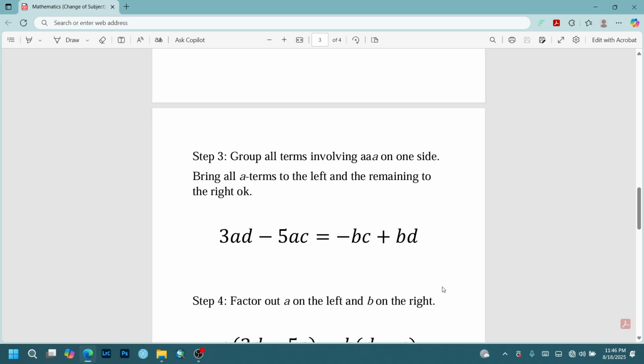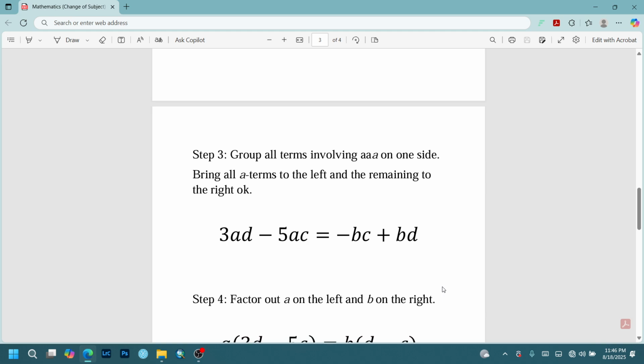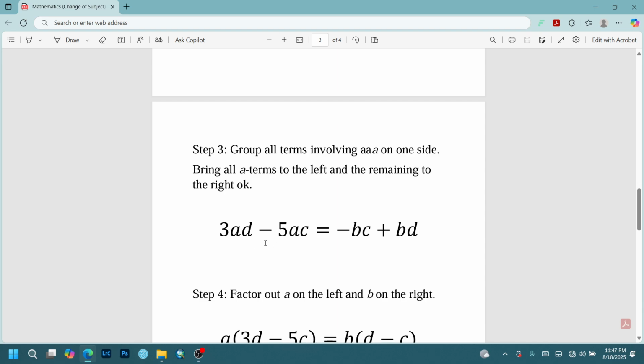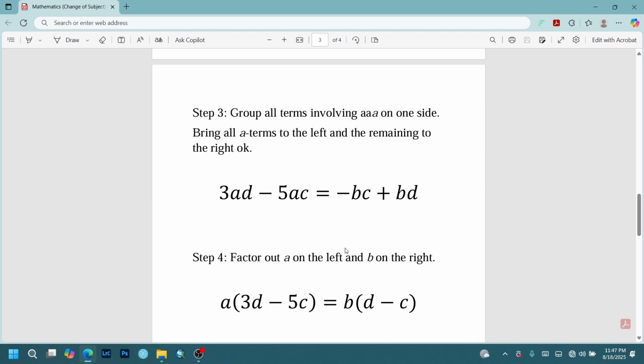So we factor out A on the left side and B on the right side. A and B are the common variables at both sides of the equation. When we bring A out, what number can multiply A for us to get 3AD? The only number is 3D.